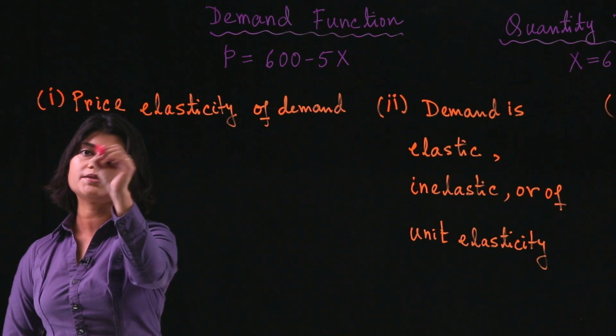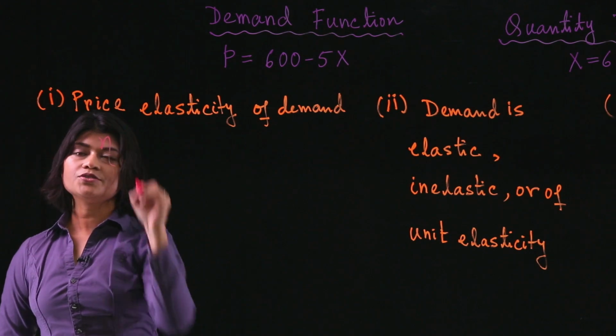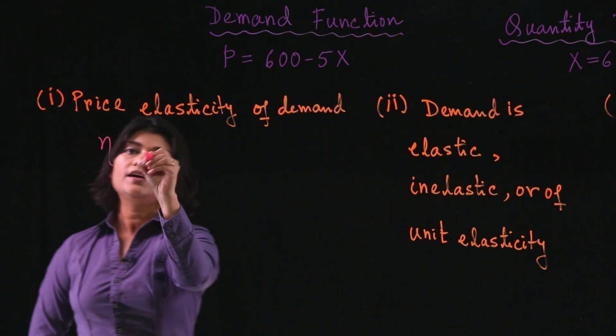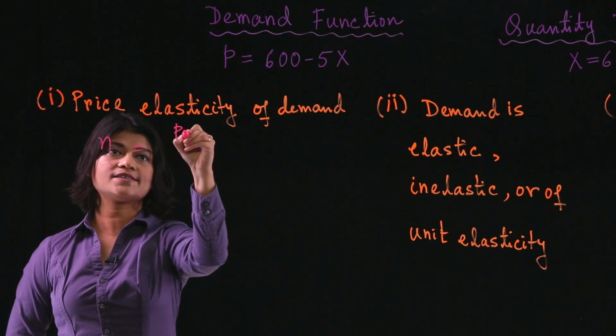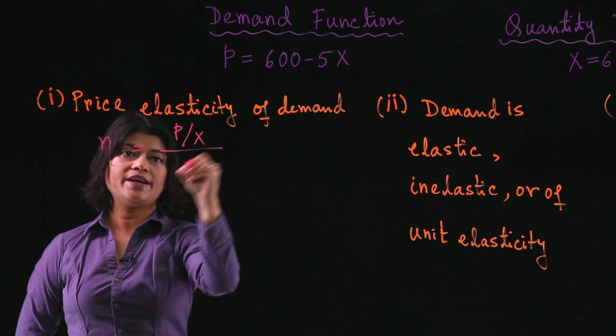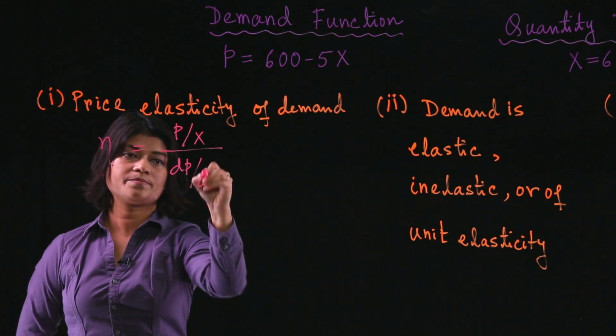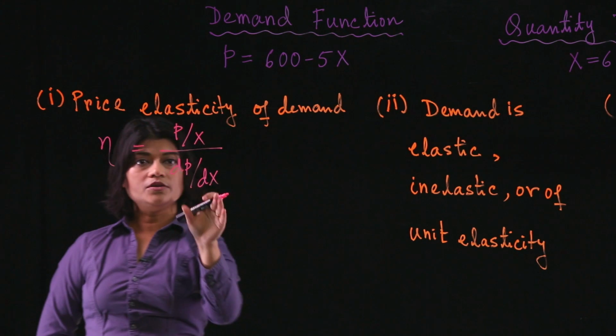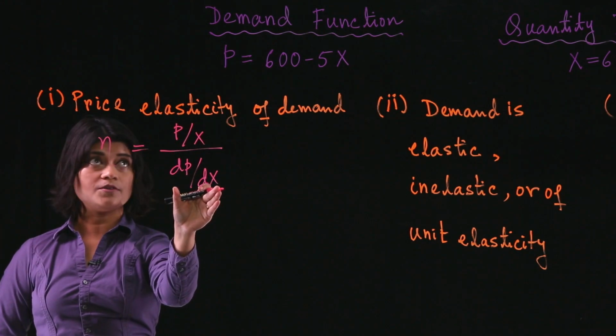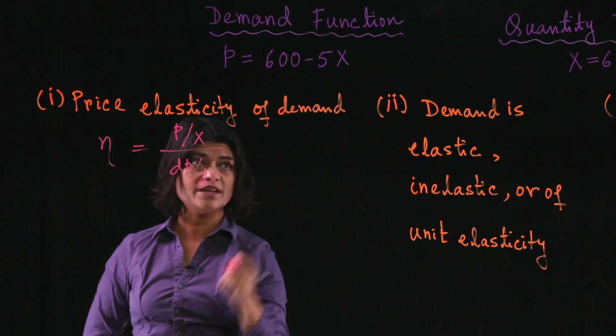So recall that we use the notation eta for it, and the formula is P over x divided by dP dx, where P is the demand function. So notice we have to compute the derivative of this function. So let's do that first.